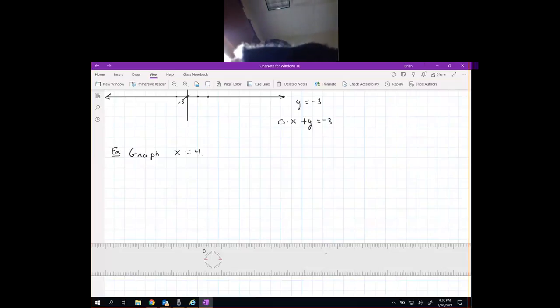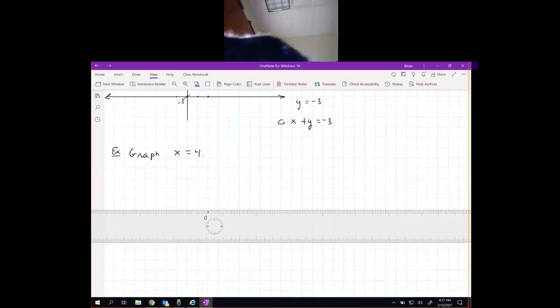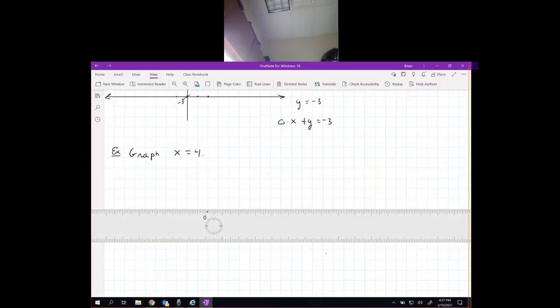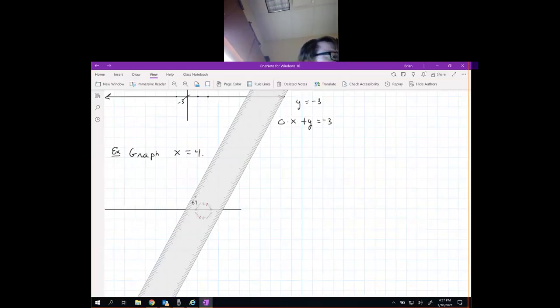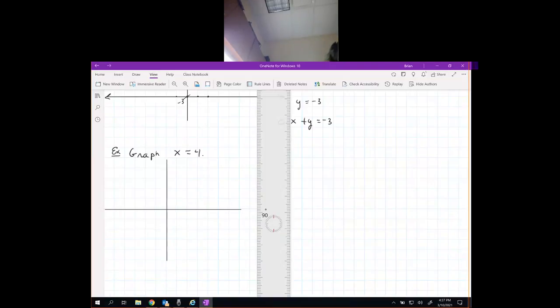Now there's no y involved. What kind of a line do you think is going to happen this time? It's going to be a vertical line. That's right. In fact, once you recognize that these are specialized lines, you won't even have to bother drawing points or anything, because all I got to do is locate 4 on the x-axis.